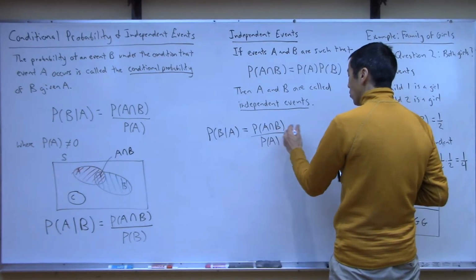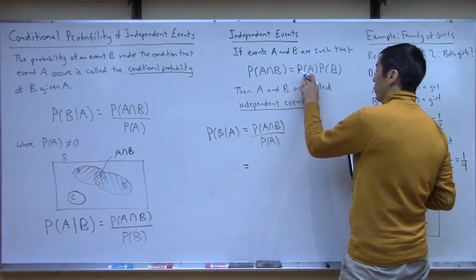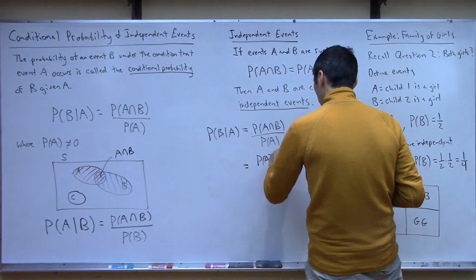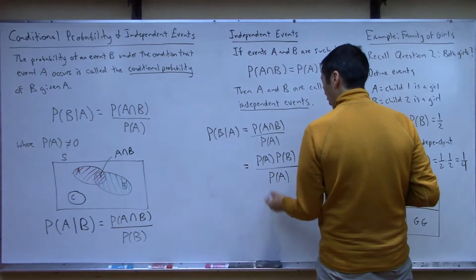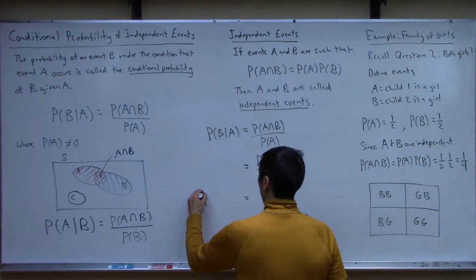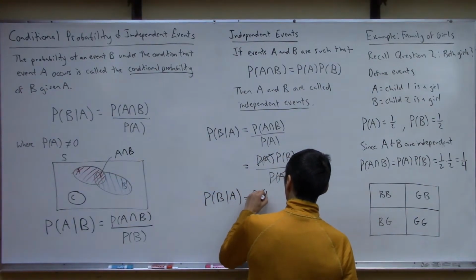If that's true, then this numerator is just the probability of A times the probability of B, divided by the denominator, which is just the probability of A. So you can see that the probability of A cancels, and what we end up with is the probability of B given A is equal to the probability of B.